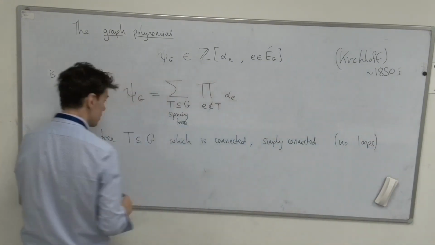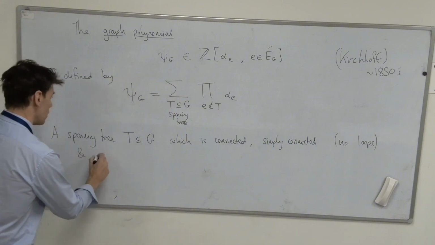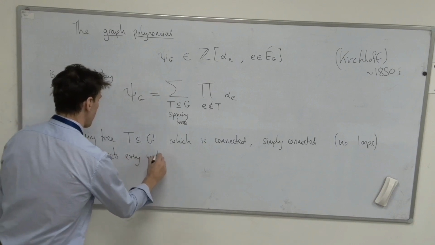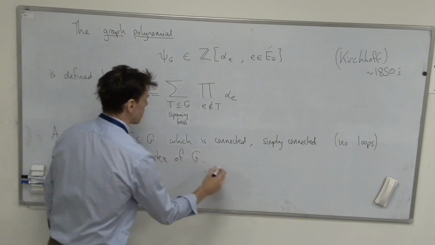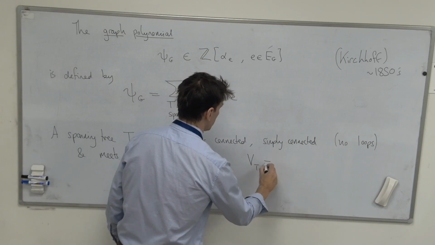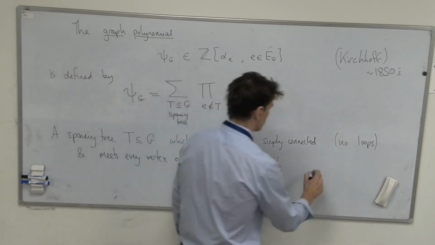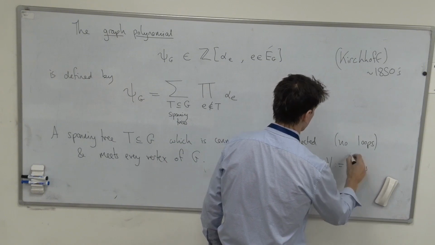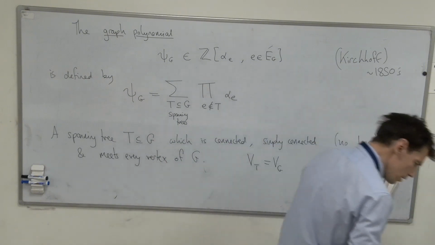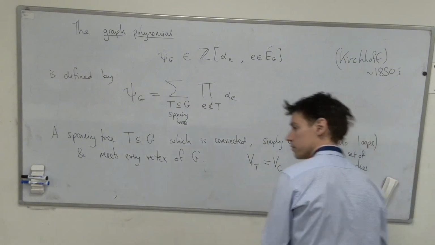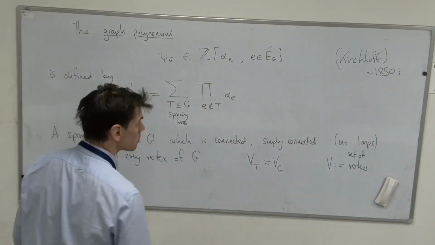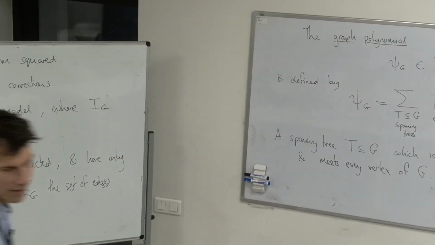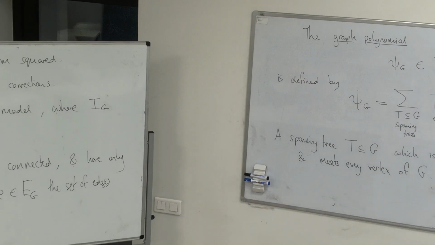That's what it means to be a tree. And spanning means that it meets every vertex of G. In other words, the vertices of T equal the vertices of G, where V is the set of vertices. Okay, so let's do an example.